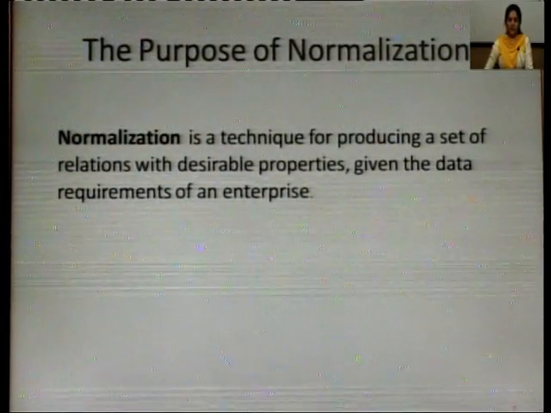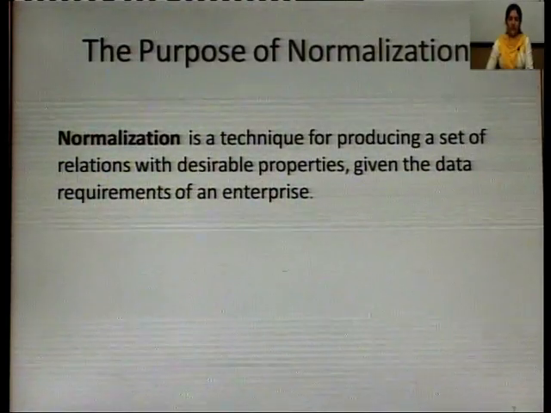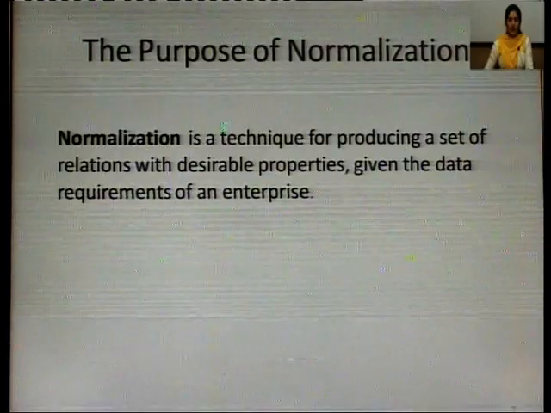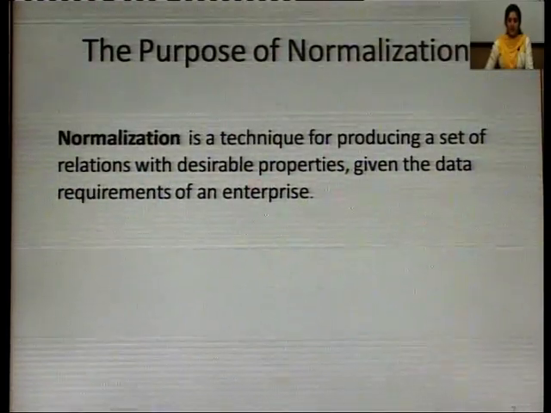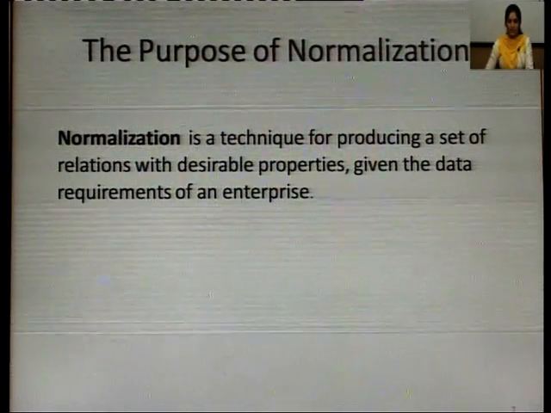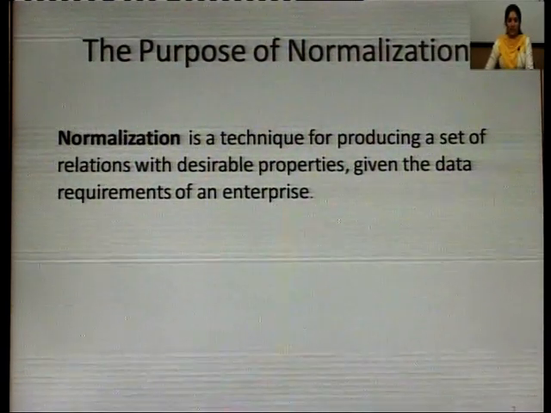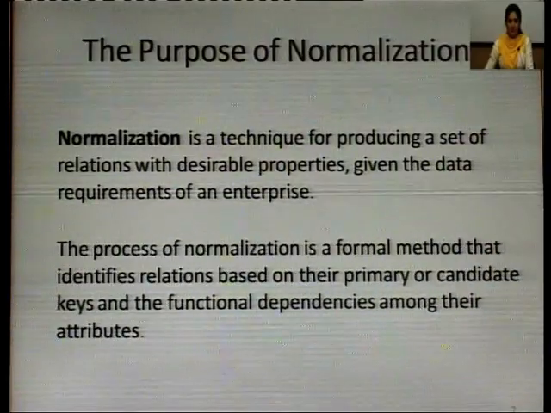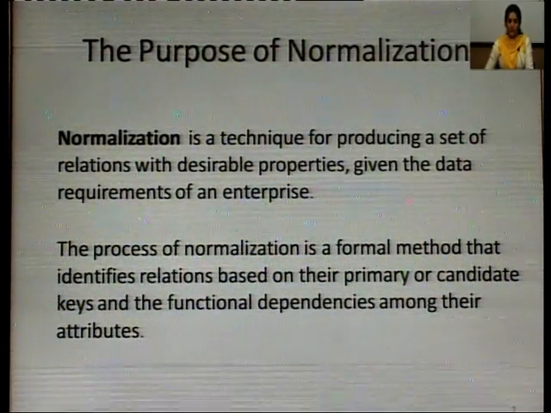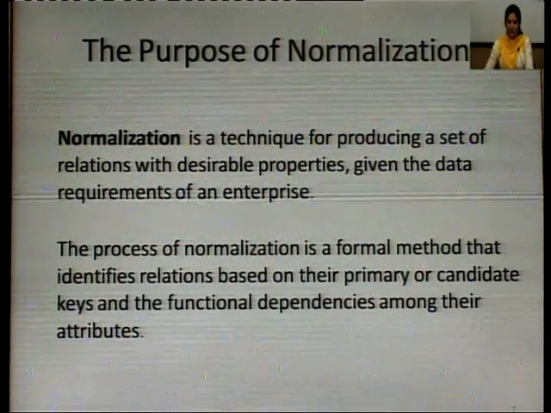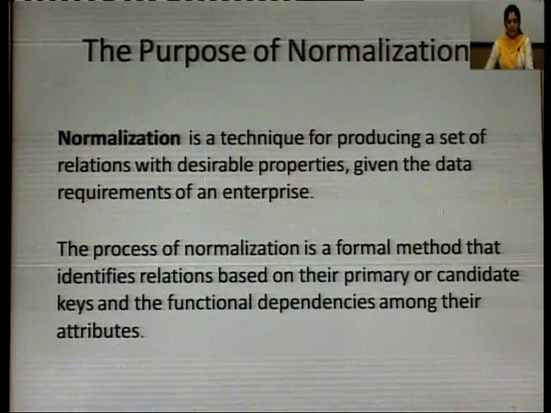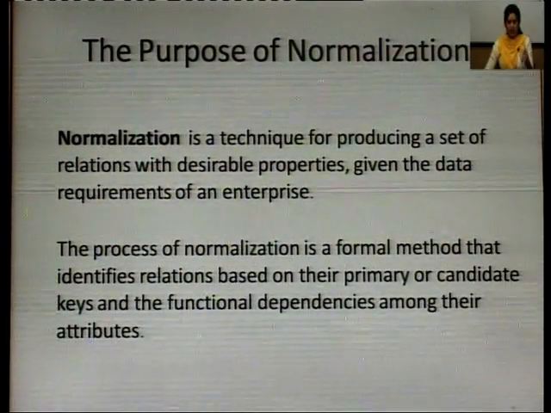Now, what is the purpose of normalization? After using normalization, what will be reflected in your table? Normalization is basically a technique for producing a set of relations with desirable properties given the data requirements of an enterprise. The process of normalization is a formal method that identifies relations based on their primary or candidate keys and the functional dependencies among their attributes.